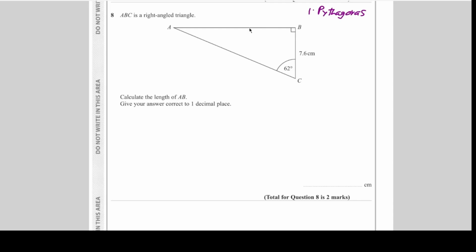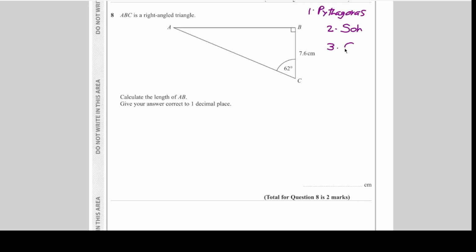Right? So in this case, since we've been given one side and one angle, we have to exclude this theorem. Let's move on to the next one. The basic trigonometric ratios. What are they? SOHCAHTOA: sine, cos, tan.